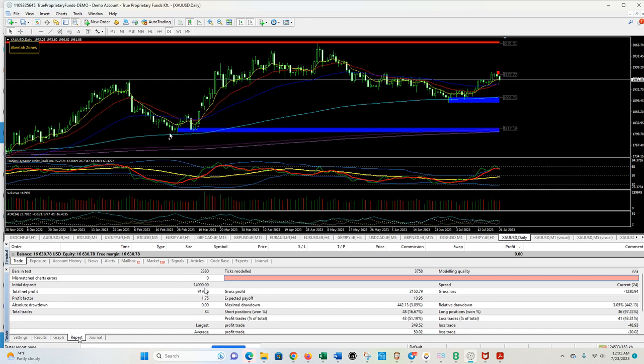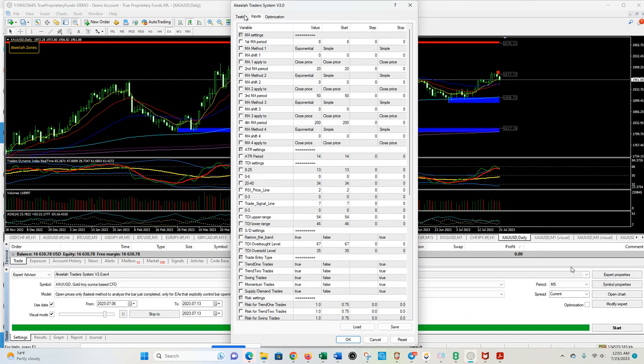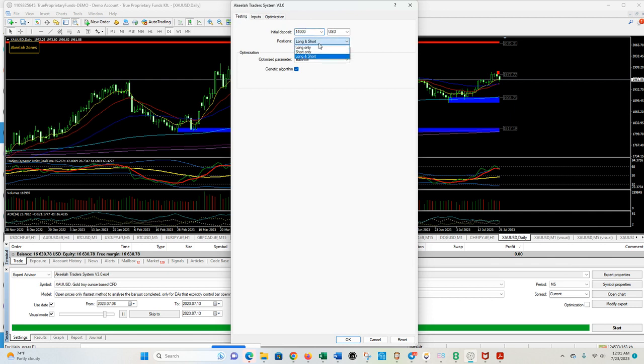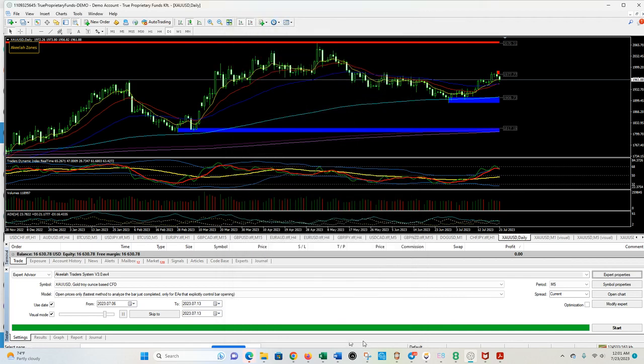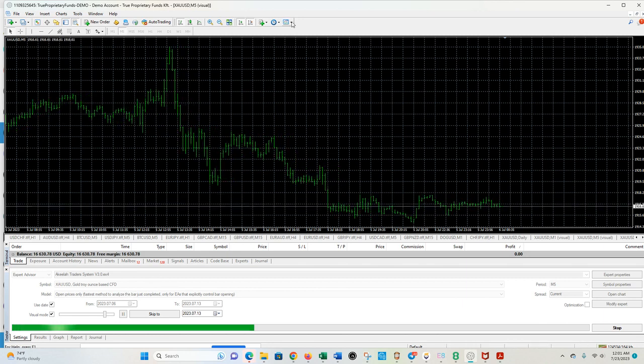A total of just under $1,000, 900 or so, a 1.75 profit factor. Let me simulate that if we had only traded this in the long direction, that same account, only in the long direction, what those results would have been. And I'm not going to let this run the whole time.